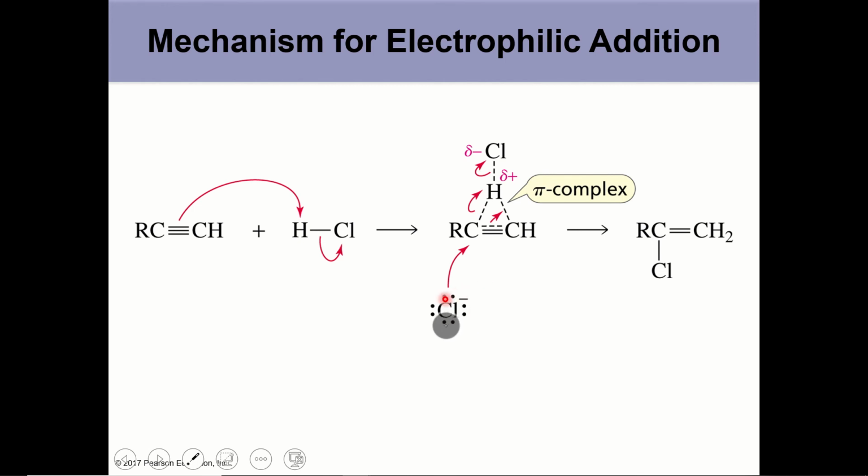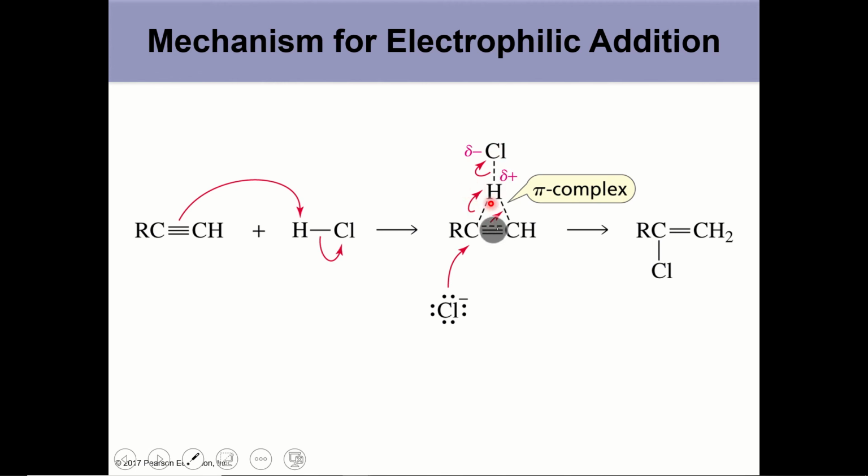Chlorine is going to be shown to donate a lone pair to the more substituted carbon. And at that time, the electron density of the pi bond is going to go fully to the H, and all other electron density between H and Cl is going to have electron density going to hydrogen and to the chloride.